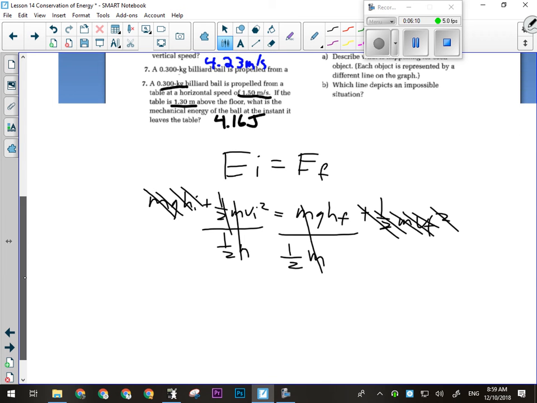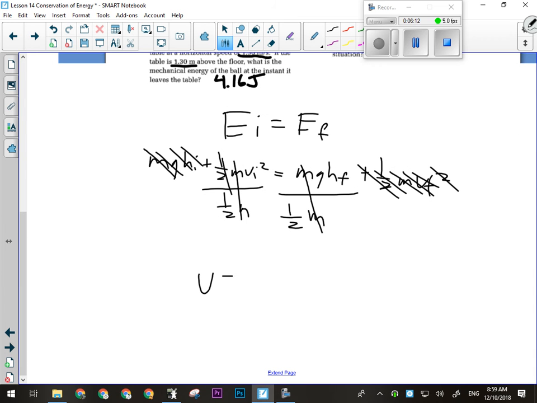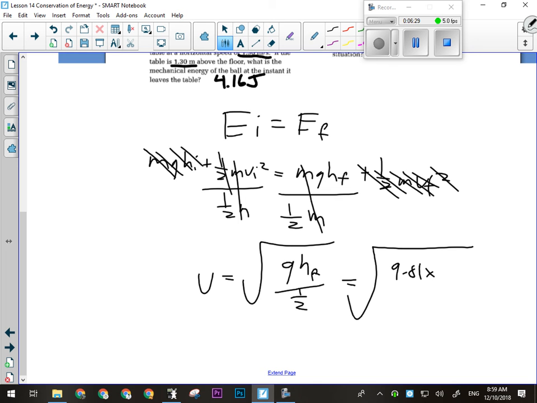reach that height. So what we end up with is that v equals the square root of g times h_f over 1/2, because the m's cancel. You can leave the m's in there, you can leave the 60 in there, it's not going to change your answer any. So we'll have 9.81 times 0.910, which was the height they jumped to, divided by 1/2, and then we square root all of that.